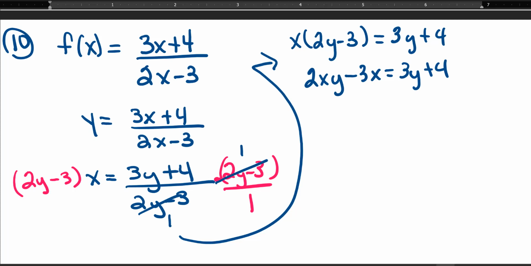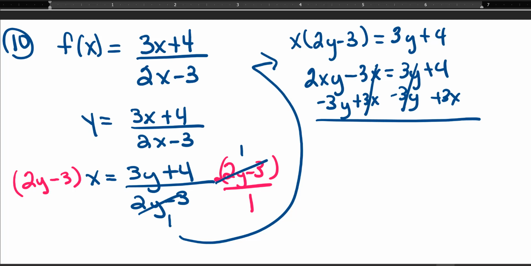I want my y's together. So what we're going to do here is subtract 3y to both sides. And then I'm going to bring this minus 3x over. We have plus 3x. We have 2xy minus 3y equals 3x plus 4.